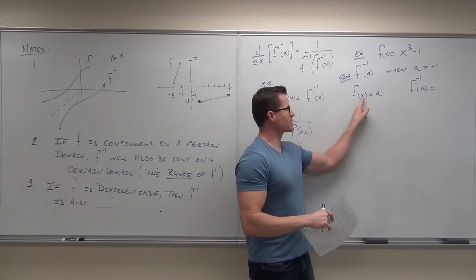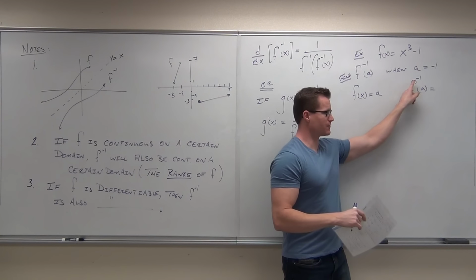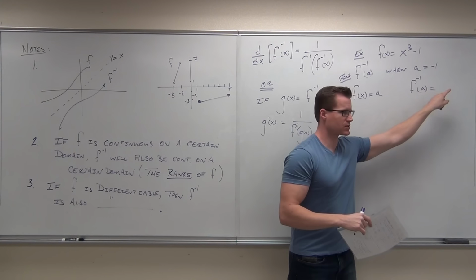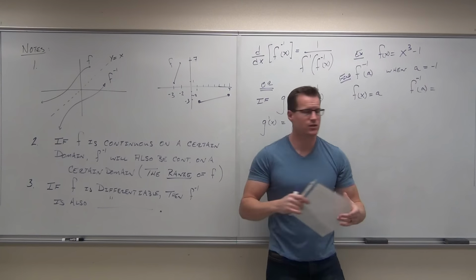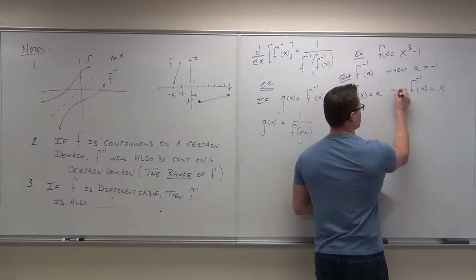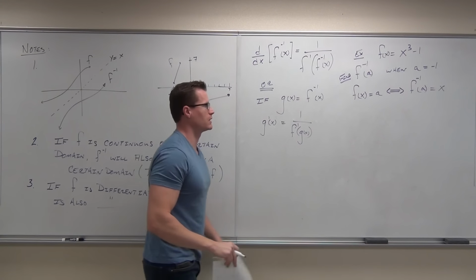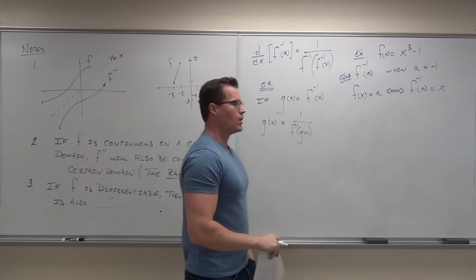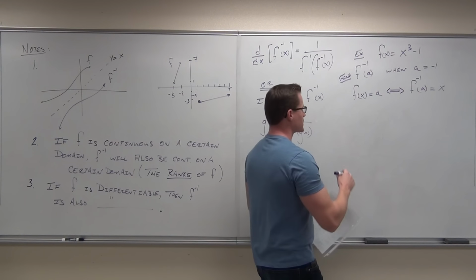If I plug x into our function, it gives me a, then I should plug a into my inverse and it'll give me back x. Remember, inverses undo functions. Does that make sense to you? Mm-hmm. So if and only if that. Well, then here's what we're going to do. Step 1.